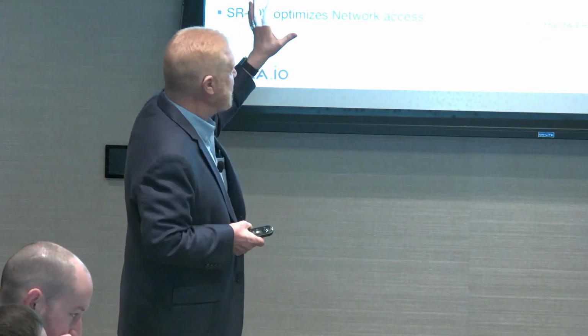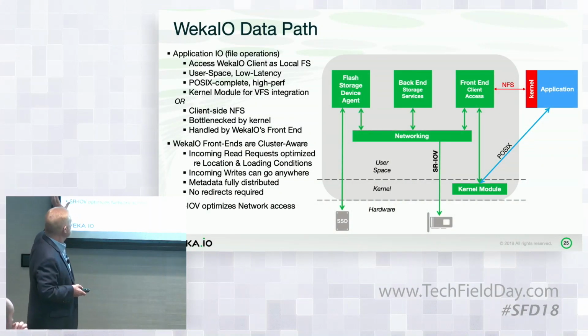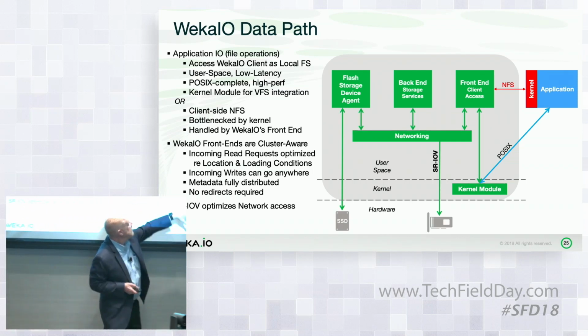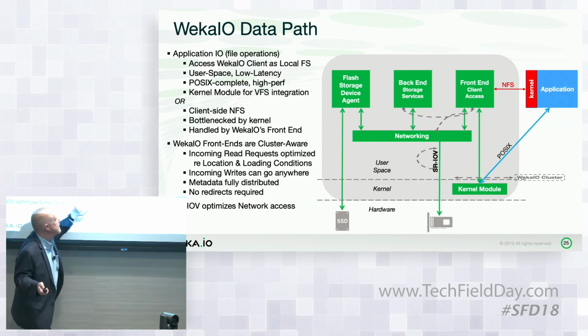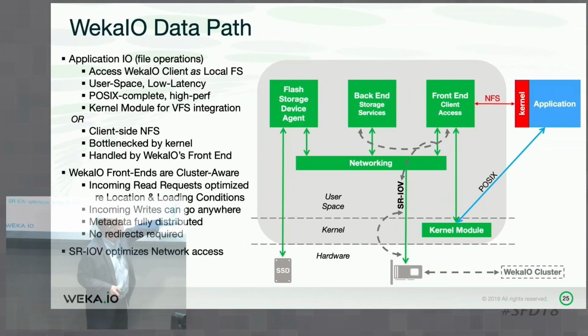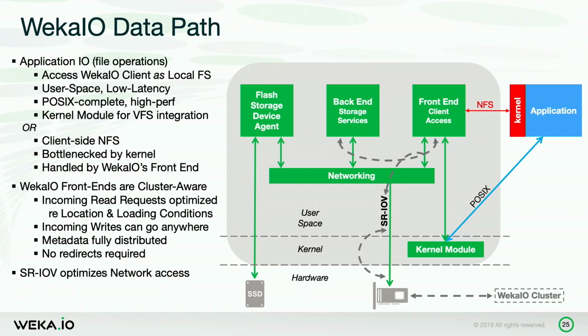Continuing as we follow this path all the way through, the front end is going to be cluster aware, meaning that the I/O is going to be directed to the network interface. And as we'll see in the next slide, which explores a little bit what happens on the back end, the destination of each I/O is not random. It doesn't just go anywhere.